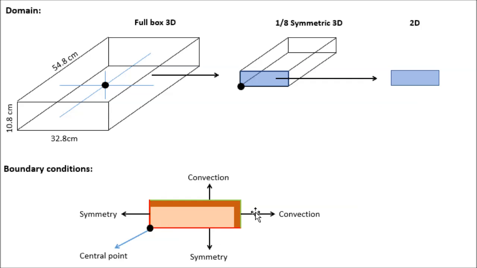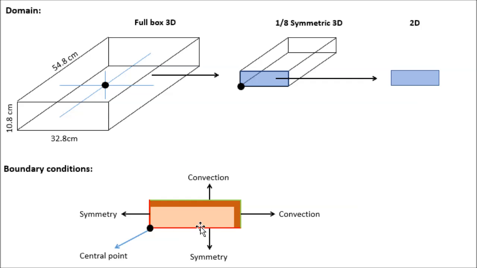I have a zoom here of the same piece. So this boundary corresponds to this boundary. So we have convection, and here is convection too because it corresponds to this part of the box, and then here this red line is this line, and this line here is this other red line.